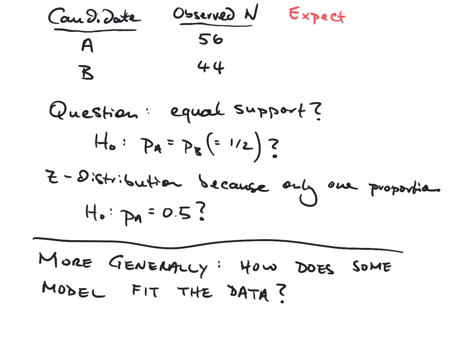The expected, if in fact the hypothesis were true, we'd expect to get 50 and 50, correct? I'm just stating what my model is, what my expectation is.